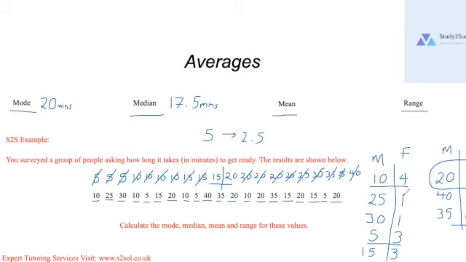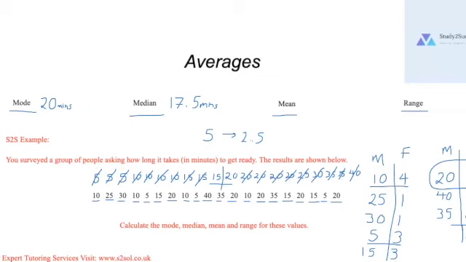So 4 plus 1 is 5, 5 plus 1 is 6, 6 plus 3 is 9, 9 plus 3 is 12, 12 plus 5 is 17, 17 plus 1 is 18, and 18 plus 2 is 20. So it means that we asked 20 people altogether.